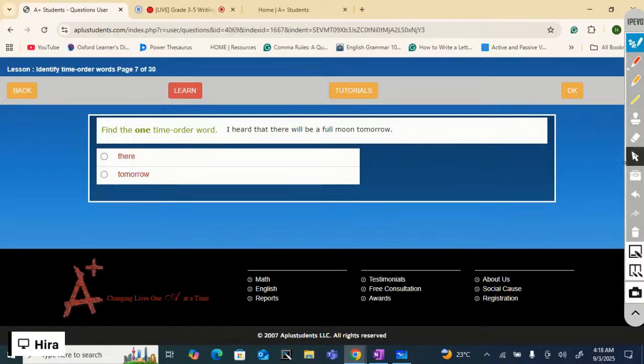I heard that there will be a full moon tomorrow. Now, which word is the time order word? You have to tell there or tomorrow.